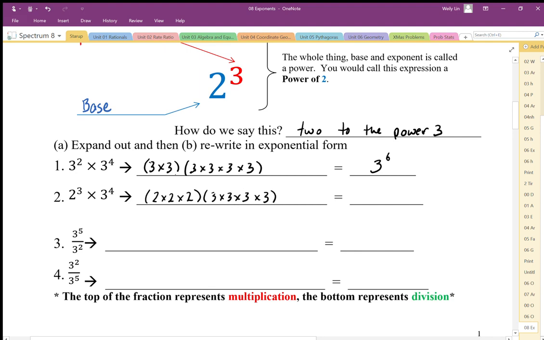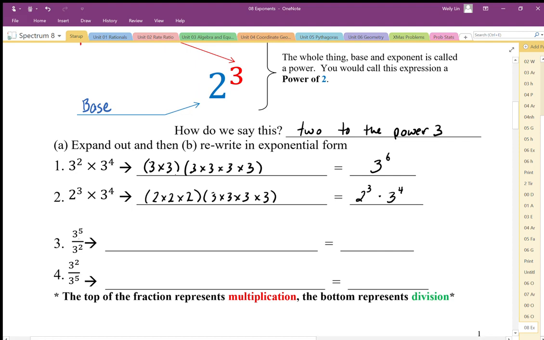So when I put this back in exponent form, I can't combine these because I can't count 2's the same as 3's. So I have to count the 2's separately. It's 2 to the power 3, and I've got to count the 3's separately as 3 to the power 4. Okay, so when we write an exponent, we have to be clear that since we're counting the number of times we multiply by a base, we can only count one base at a time.